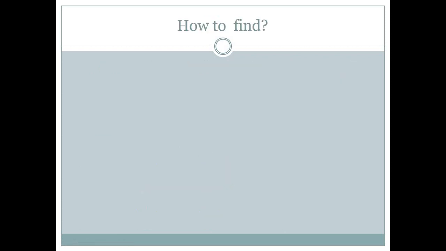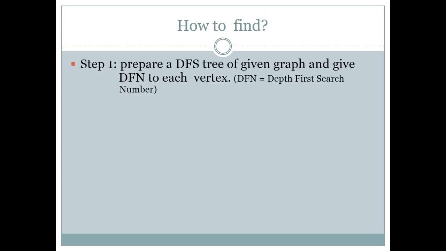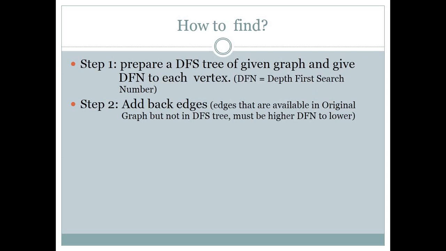Now the main question is how we can find the articulation points. There are certain steps. First step: prepare a DFS, depth first search tree of the given graph, and give a DFN to each vertex, where DFN is the depth first search number; we will understand that by example. Second step: add back edges.